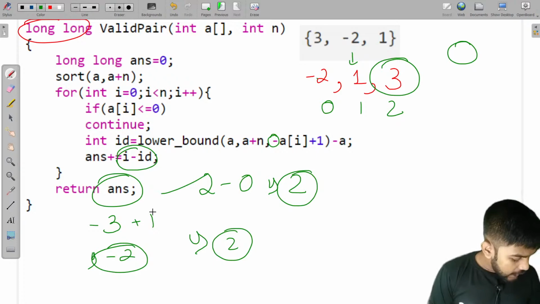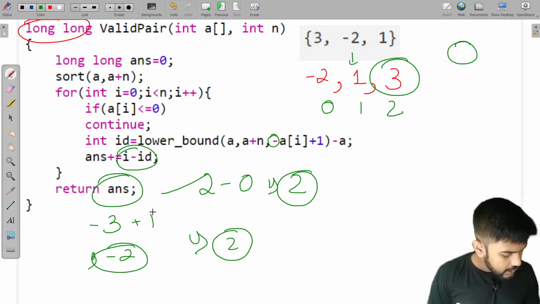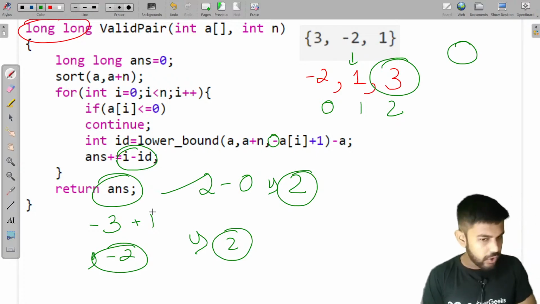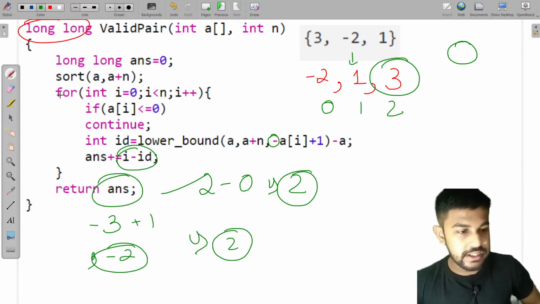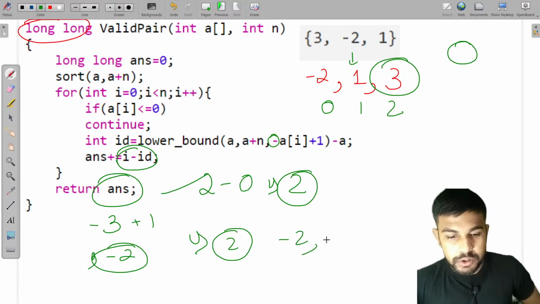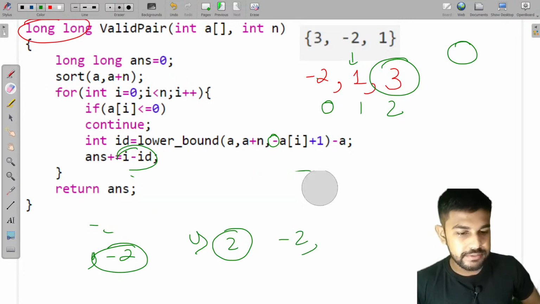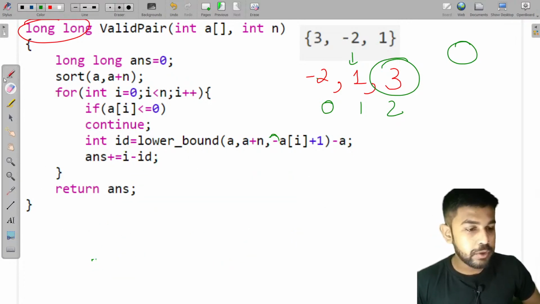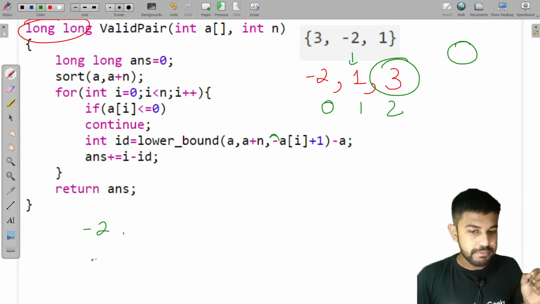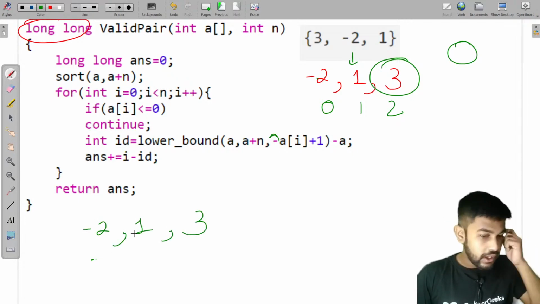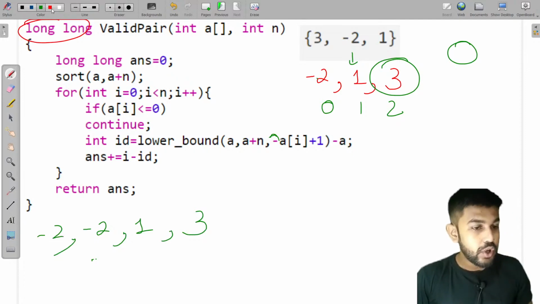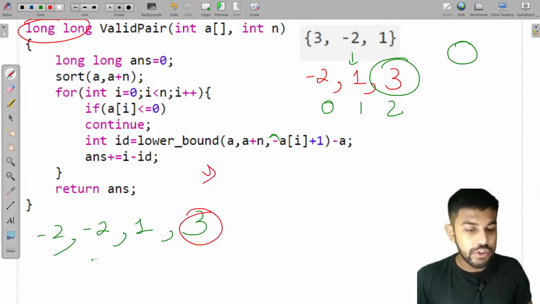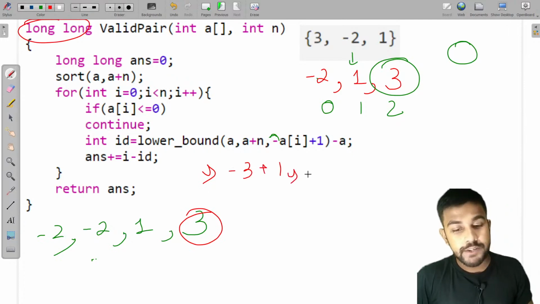Okay, sir, this algo will work for duplicates as well. Could you take an example? Yeah, this algo would work for duplicates as well. Let me take an example. Suppose this is -2, 1 and 3, and just take one more value, that is -2 here. So we would do 3, and the value would be -3 plus 1, that would be -2.